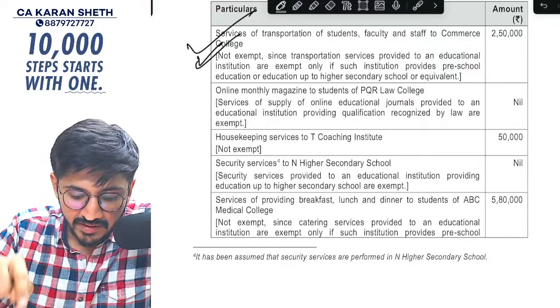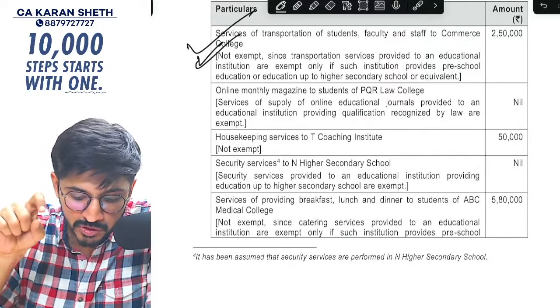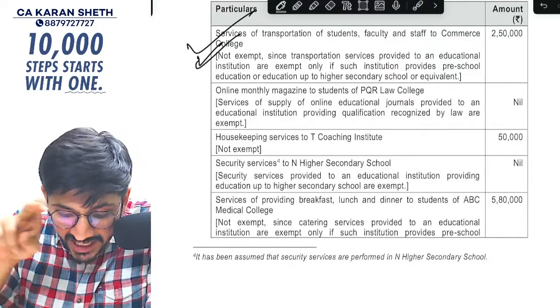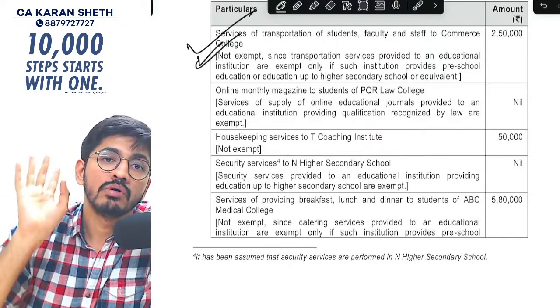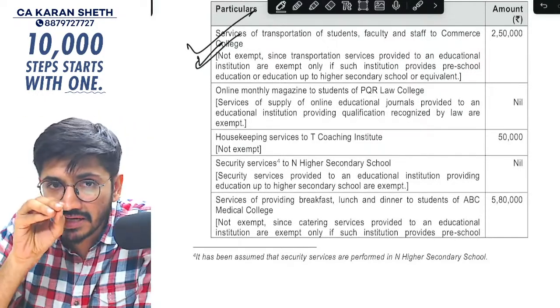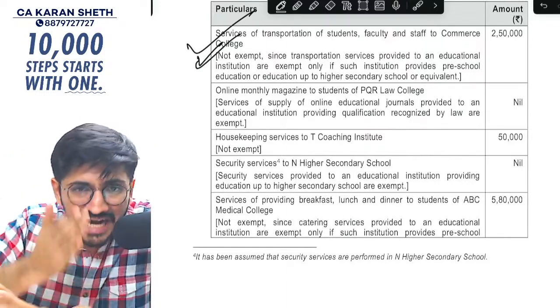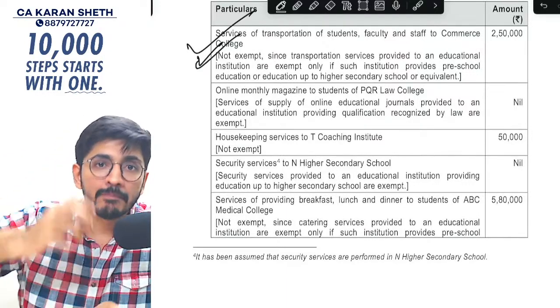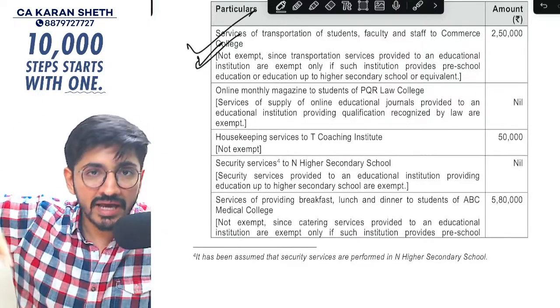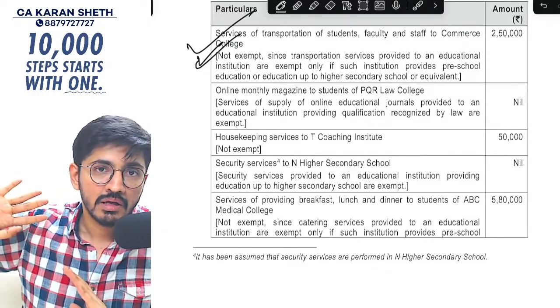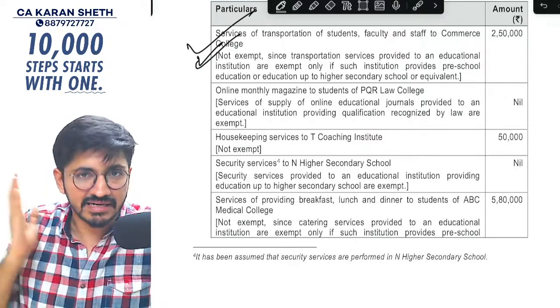But you write that since transportation services provided to an education institution are exempt only if such institutions are preschool to HSC, and not any degree college that gives a degree. So you write the reason it is taxable. Why? Because exemption किनको है, इन्हीं को है. Simple. And cut it there.